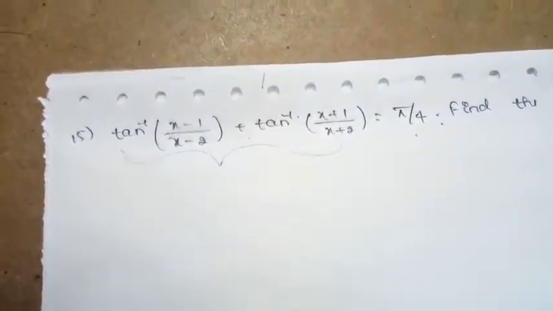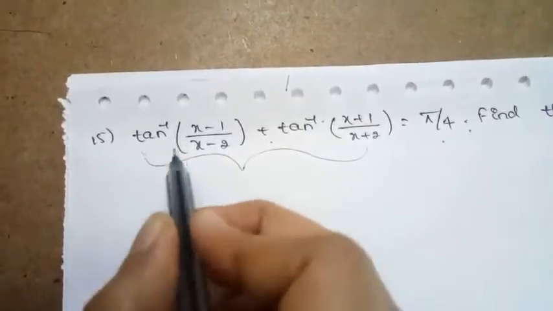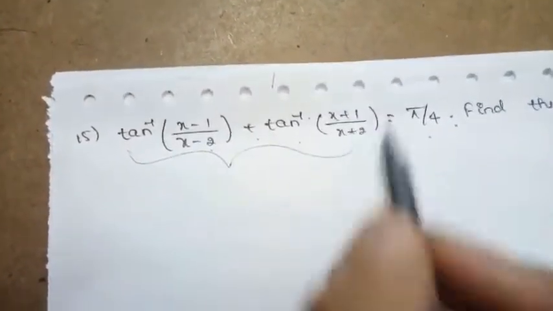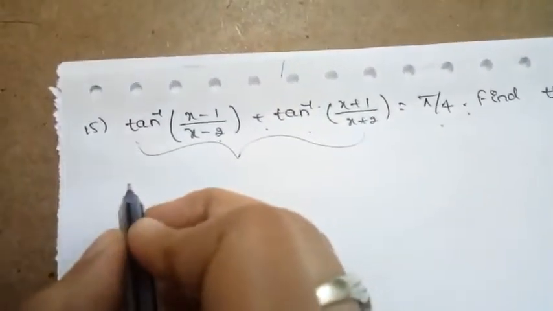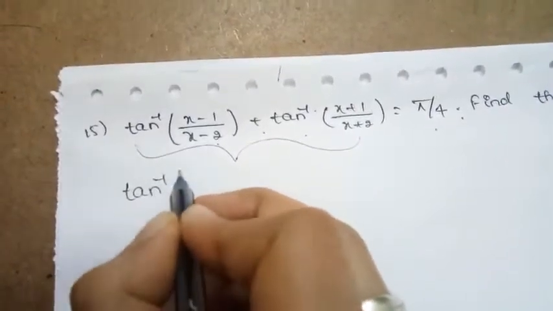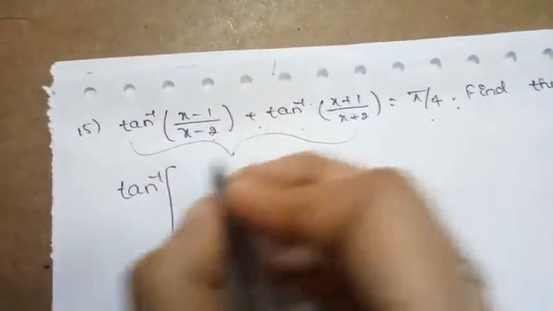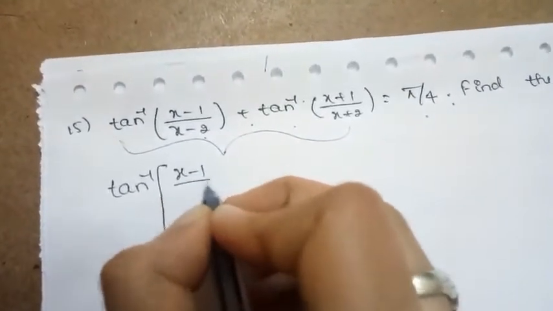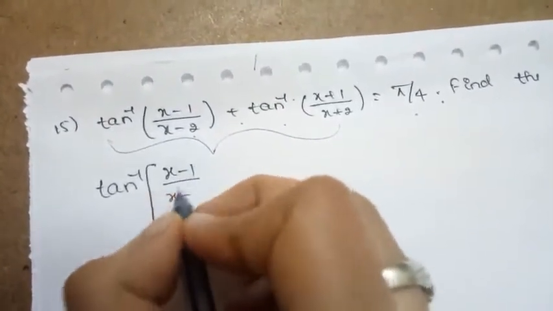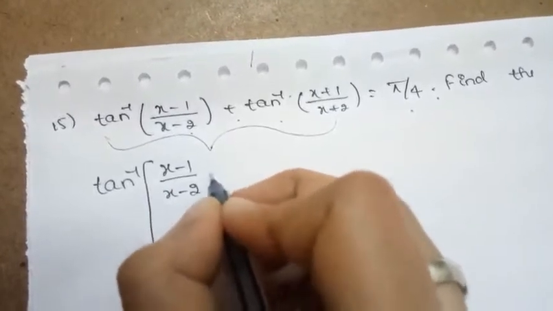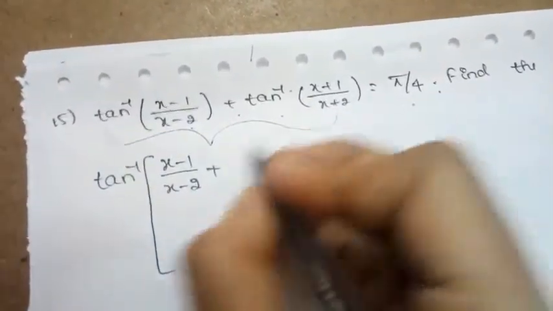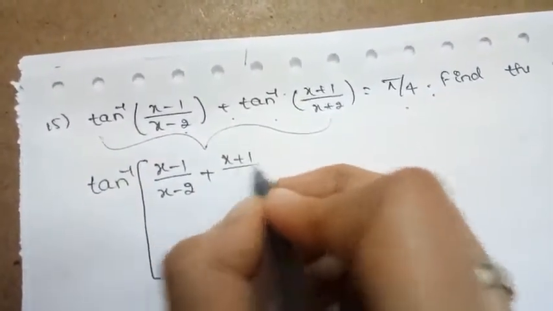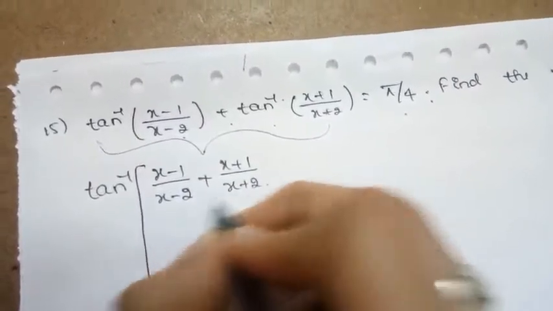While looking at the LHS, it is in the form of tan inverse of x plus tan inverse of y. So by using that identity I can write tan inverse of (x plus y) divided by (1 minus xy). Here x is this whole thing, that is (x minus 1) divided by (x minus 2), this is our x, and y is (x plus 1) divided by (x plus 2).